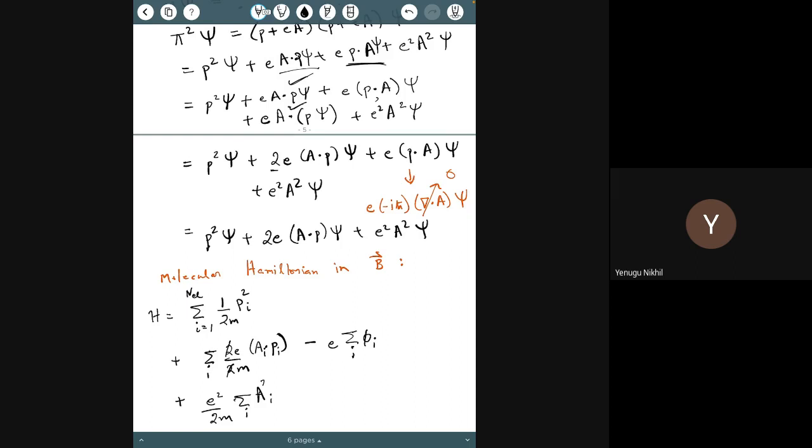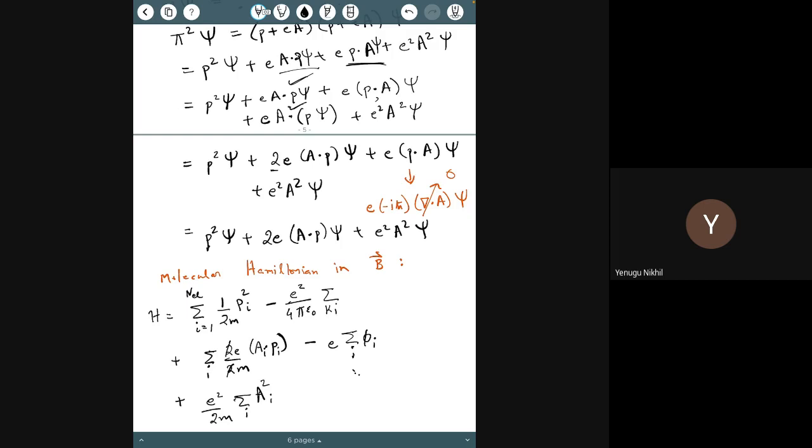But I have said molecular, so you also have the nuclei. The nuclei interaction is e square by 4 pi epsilon 0 sum over. K is the index for the nuclei in the molecule.